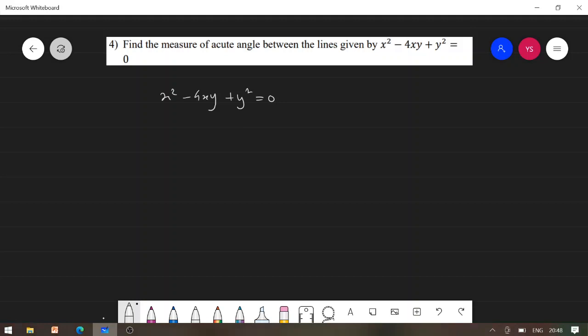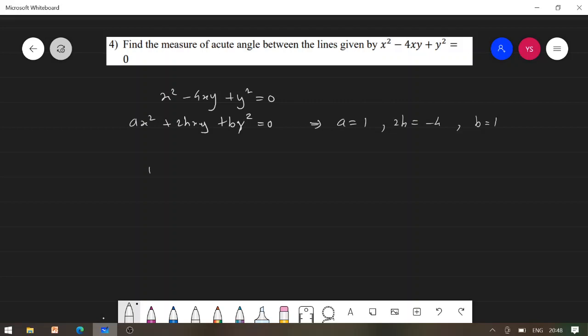It is your standard homogeneous equation of degree 2 in x and y. So let us compare with ax square plus 2hxy plus by square equals to 0. That implies your a value is the coefficient of x square, 1, twice h value is the coefficient of xy, while b value is the coefficient of y square, as 1.